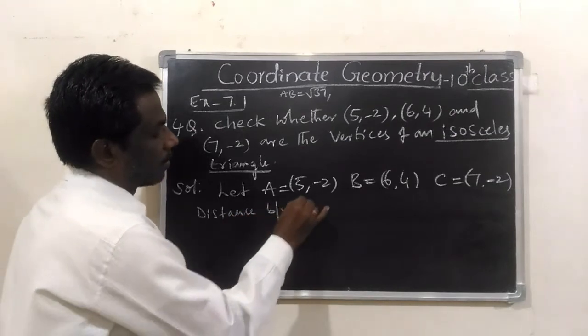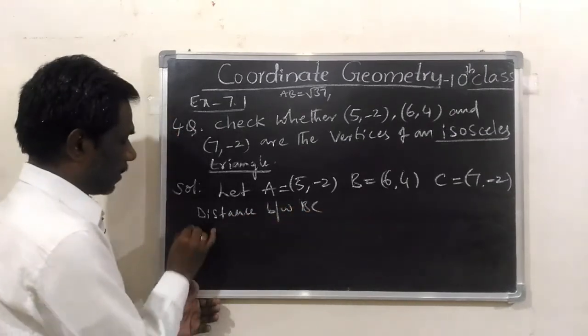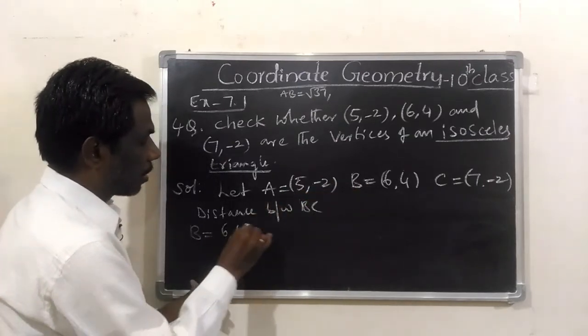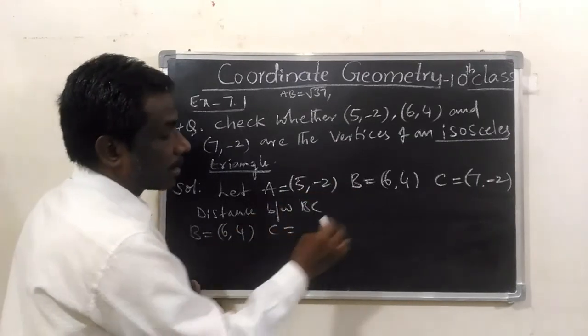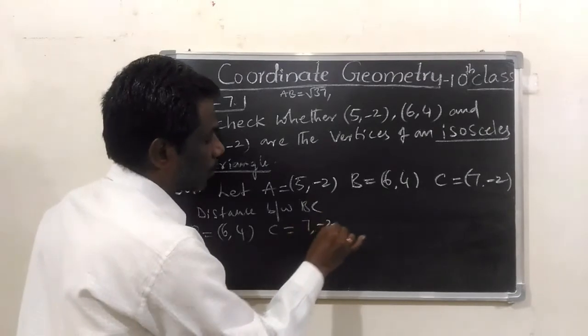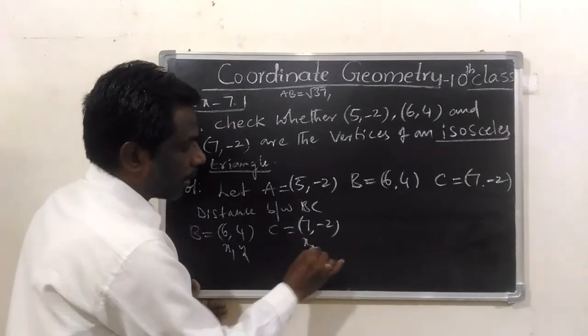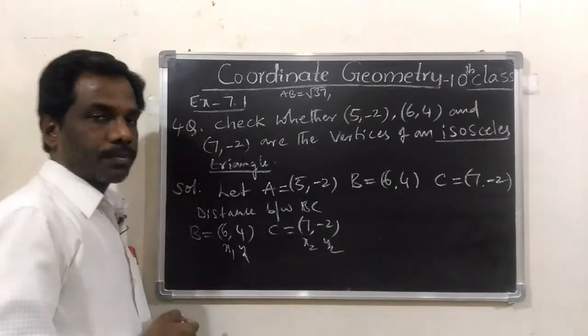Distance between BC. B is (6, 4) and C is (7, -2). Let this be (x1, y1) and this be (x2, y2).